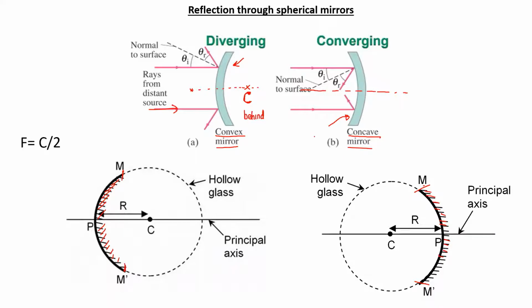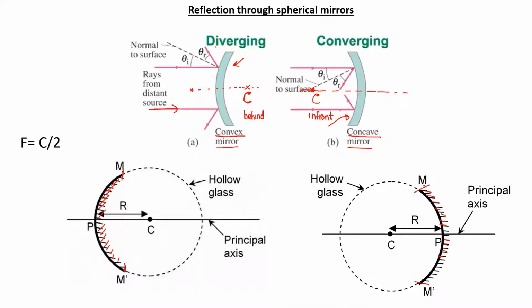Left or right? Yes, so this is your center. It is in front of the mirror. So this behind and in front are very important when we go to the next part.